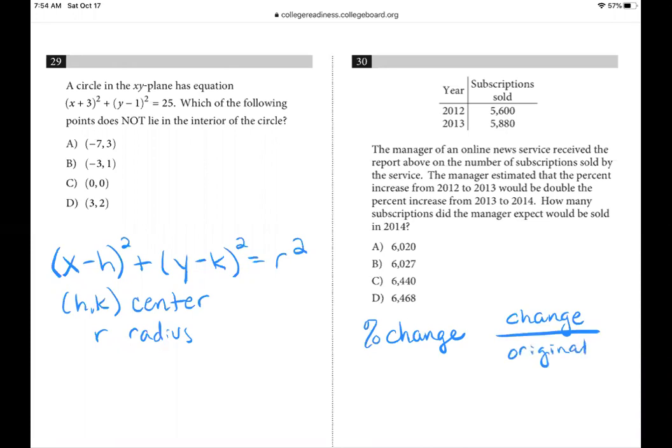And in this case, the original would be the first year. So in order, 2012 would be the first year, the original year that you are using. Okay, so go ahead and give these a try if you haven't already done so, and then we will go back through them.